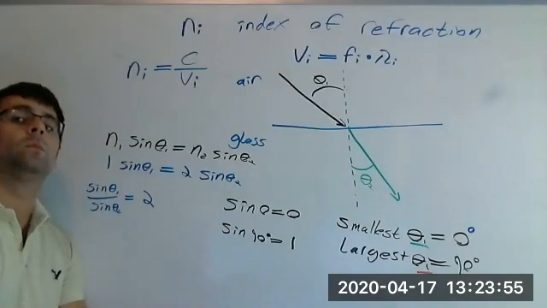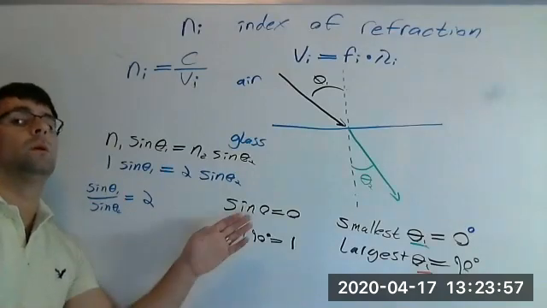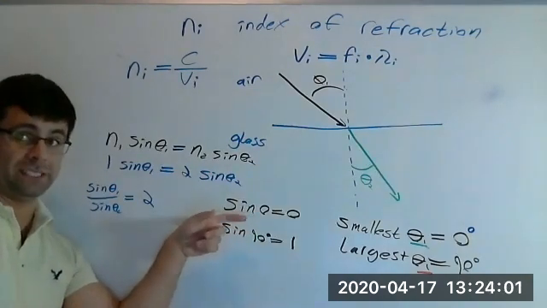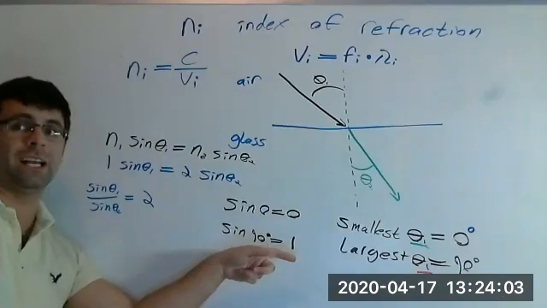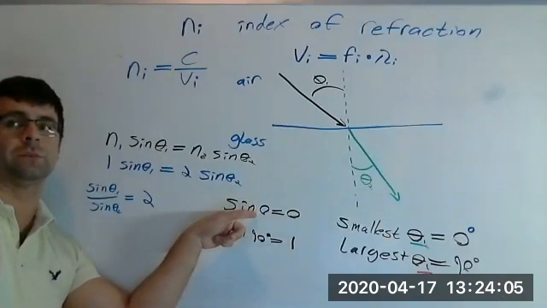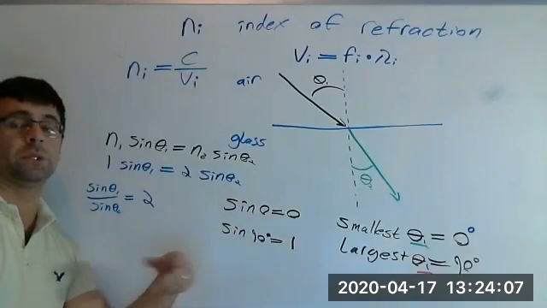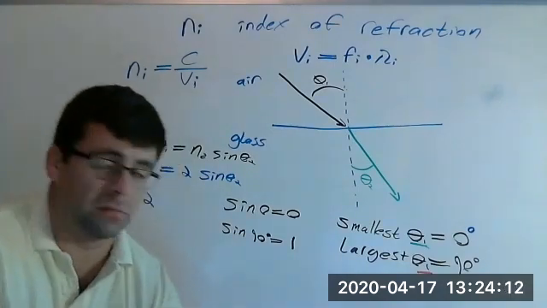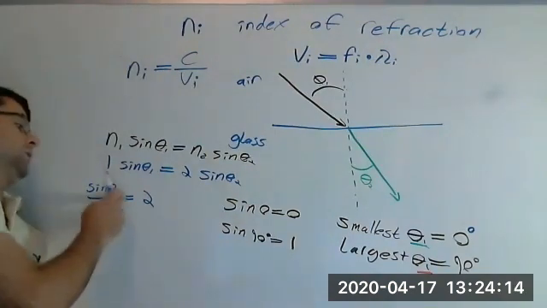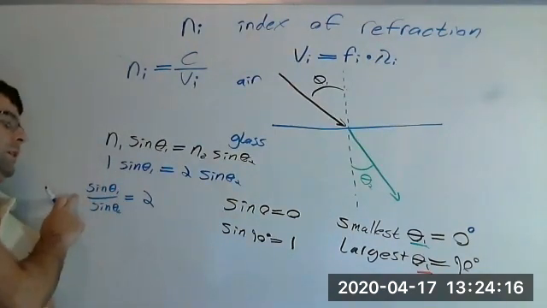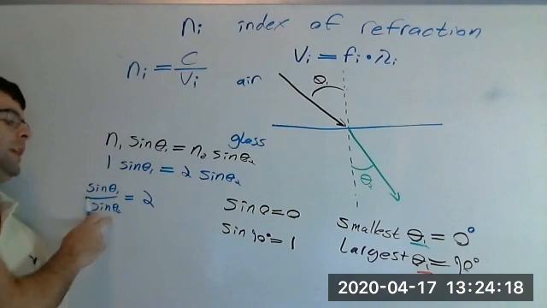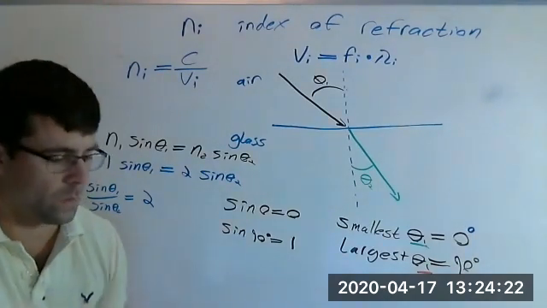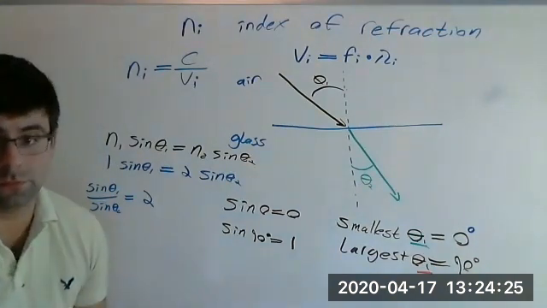Theta 1 is bigger, because sine of theta increases from 0 to 1 as the angle increases from 0 to 90. So a sine of a bigger angle is a bigger number. So in order for this to be 2, that means this angle is small.